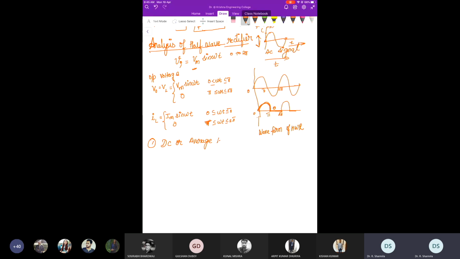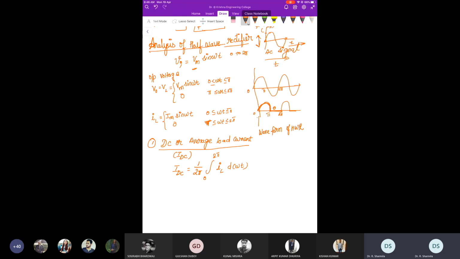Already I told you rectifiers convert AC into DC, so here I am going to measure how much DC component we are getting in the output. To measure the DC component, the formula I am going to use is IDC equal to 1 by 2 pi integral of 0 to 2 pi, IL d of omega t.